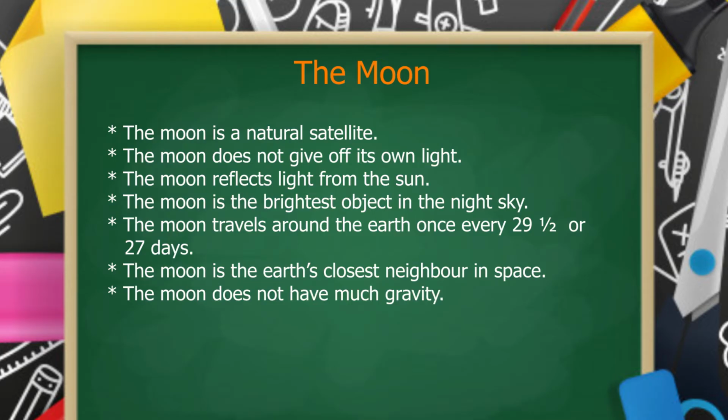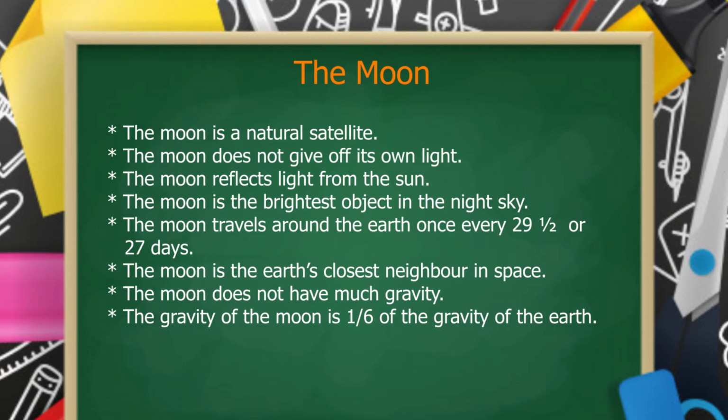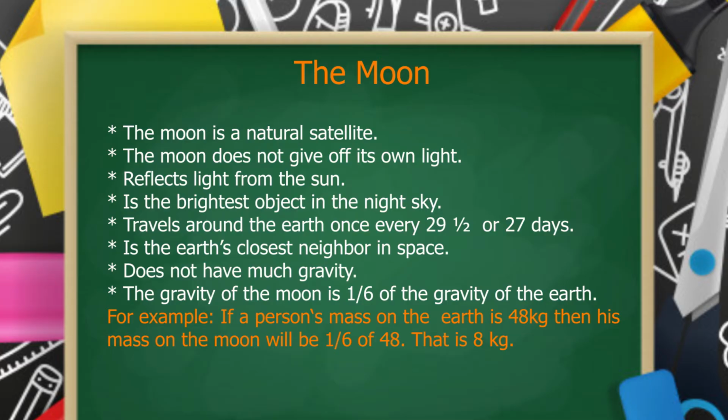The moon does not have much gravity. The gravity of the moon is 1/6 of the gravity of the earth. For example, if a person's mass on earth is 48 kg, then the person's mass on the moon would be 1/6 of 48.